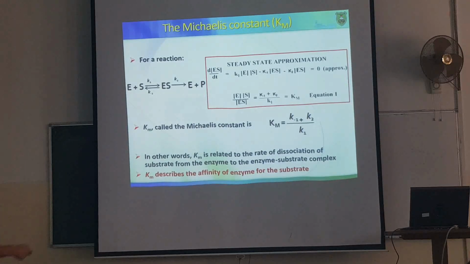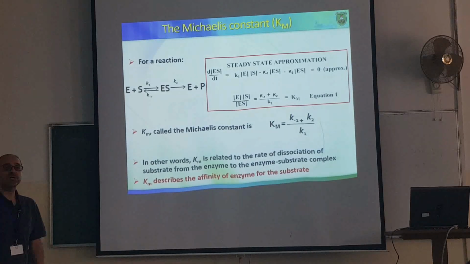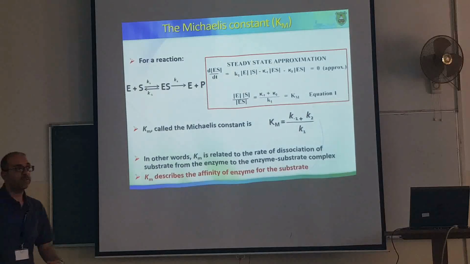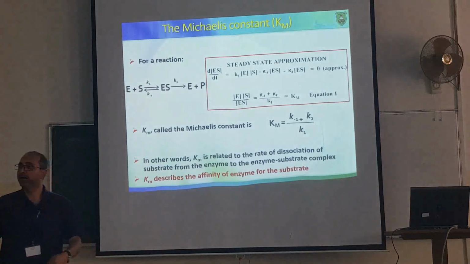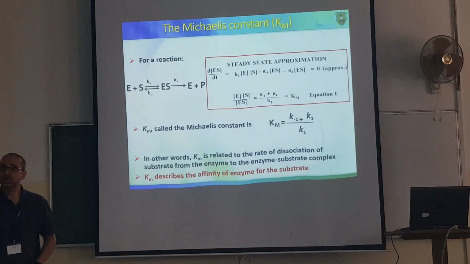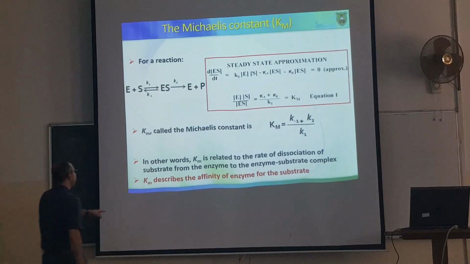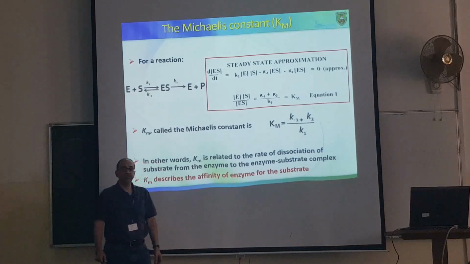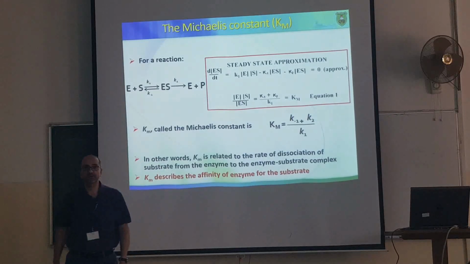So Km in this case is a measure of affinity. The ability of an enzyme to bind to the substrate. Okay? So yes. So Km describes the affinity of an enzyme for a particular substrate.